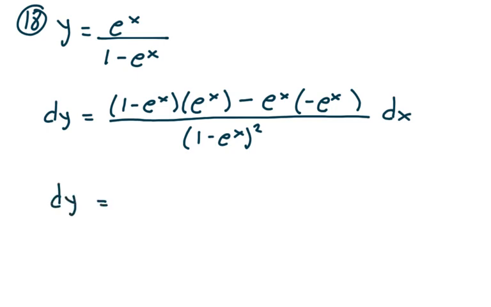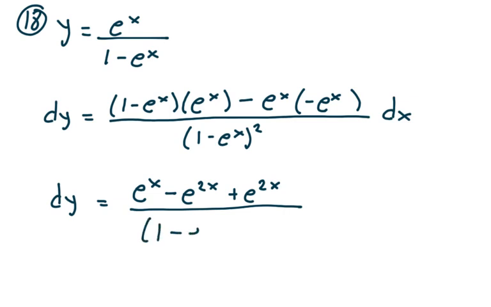So dy is e to the x minus e to the 2x plus e to the 2x divided by 1 minus e to the x squared dx.